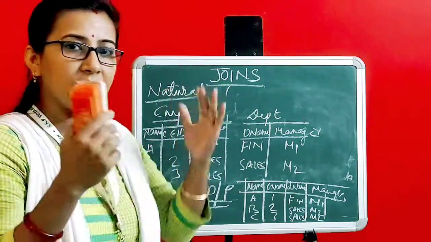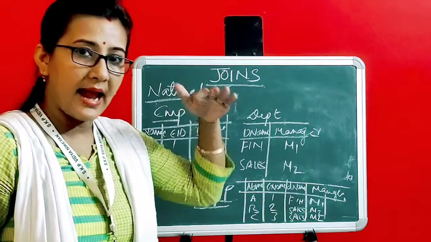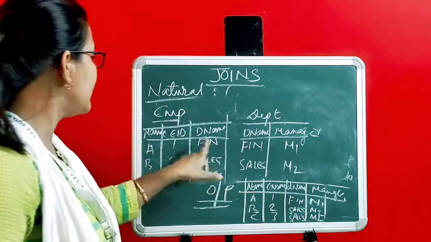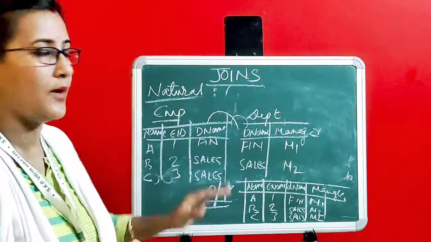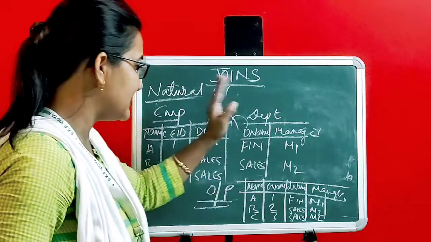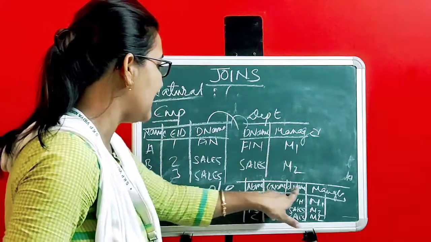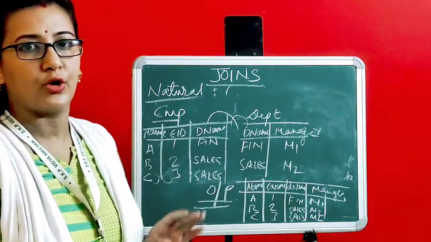Now see here, after performing natural join, it joins the 2 tables, but the identical column is removed. What is the identical column? This DName is the identical column that has been merged into 1. So name, E-name, D-name, manager, this will be the output column.